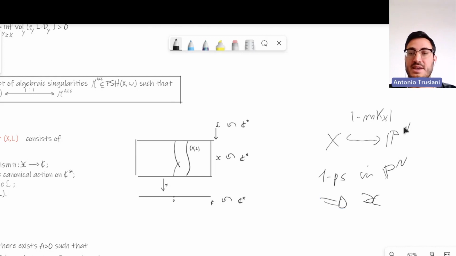So you embed X in P^N, and then you take a one parameter group and you take the flat limit, and this is an ample test configuration.